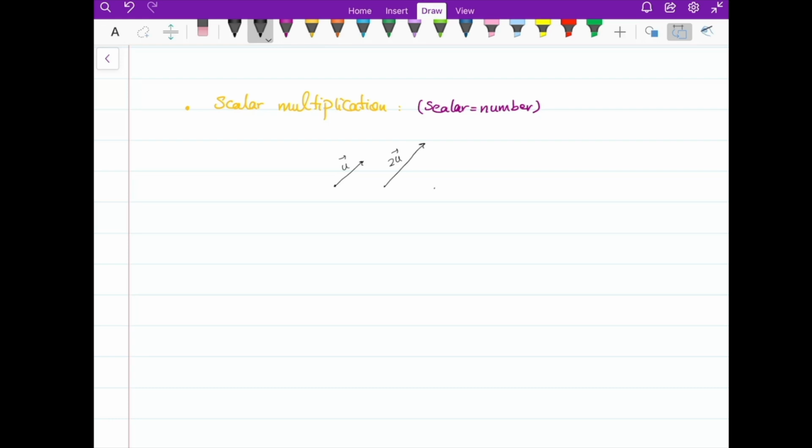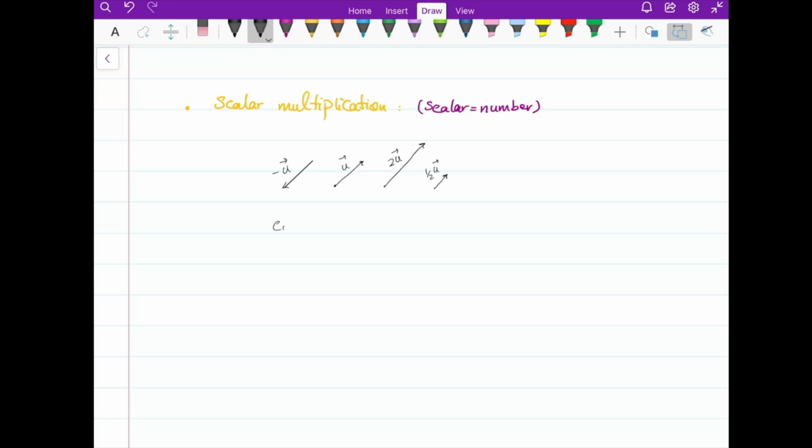And for example, 1/2 u would be the same direction but half of the length of u. How about negative u? Negative u would be exactly the same direction, exactly the same length, but in the opposite direction. It should be parallel to u as well. So this is negative u, but in the opposite direction.